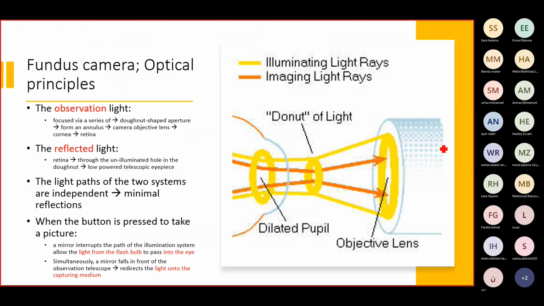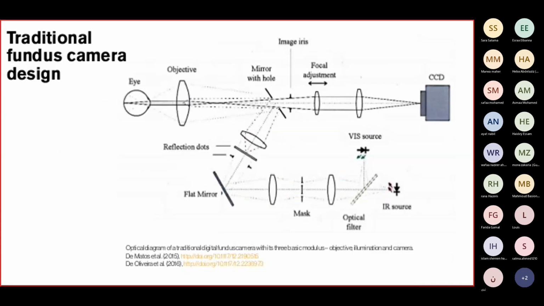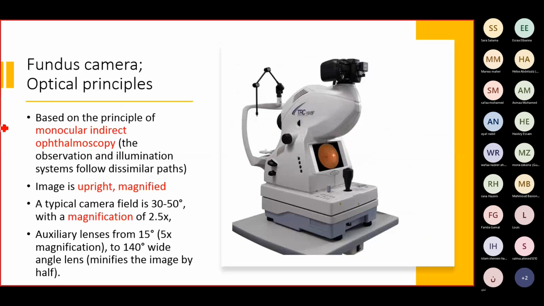So we have what we call the observation light, and then the imaging light. When I'm using the lens, there are two sets of light. One of them I use to adjust the image, and then when I'm ready, I press on the joystick here, and another ray of light coinciding with the observation rays will pass through and be emitted through the objective lens of the camera, and this is the one that is used to take the final image.